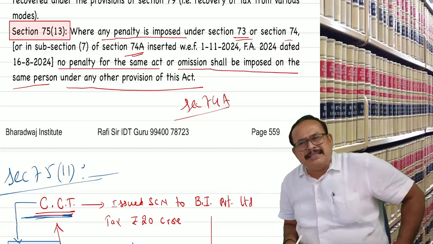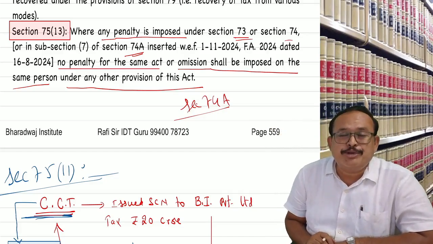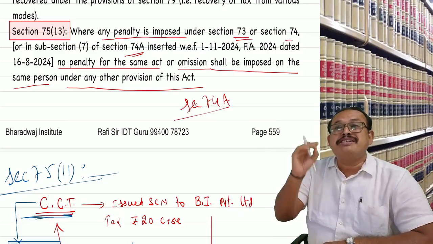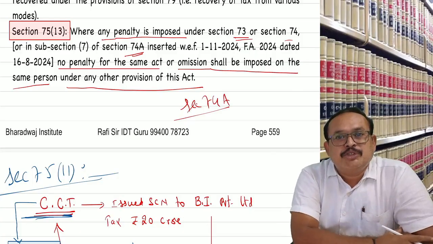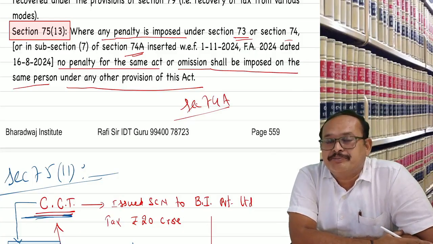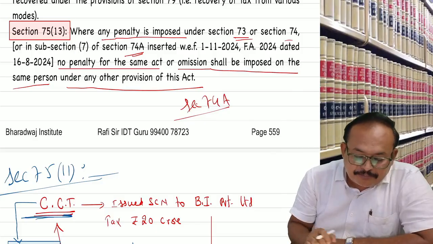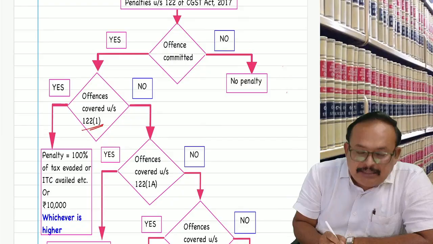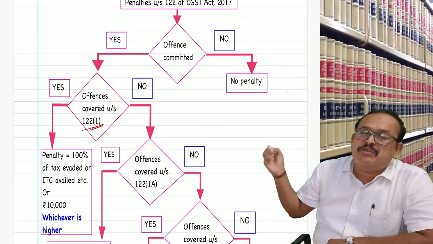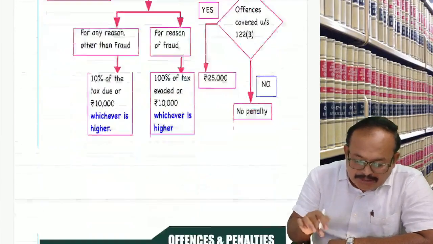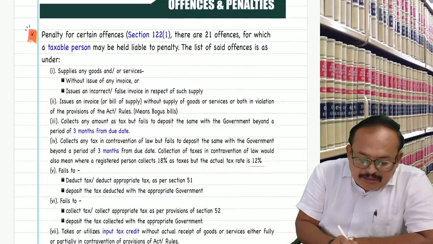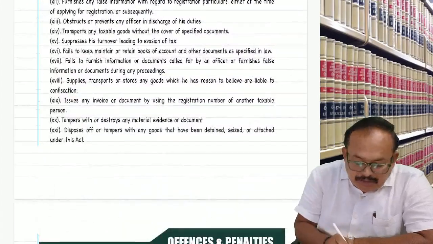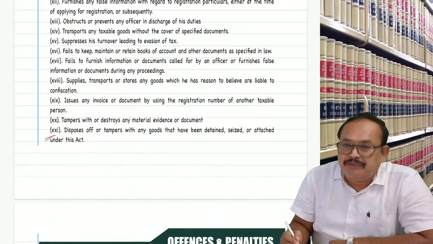What is a penalty? Generally, you are referring to section 122, subsection 1, which has 21 clauses, 21 types of offences, from clause 1, 2, up to clause 21.